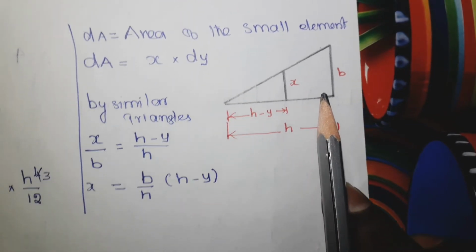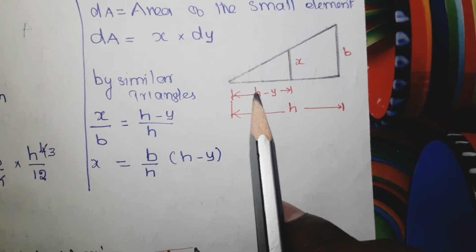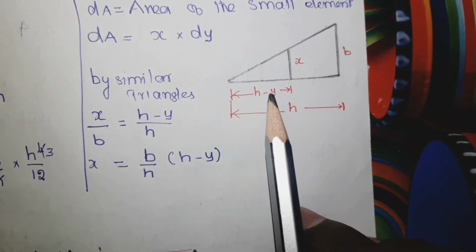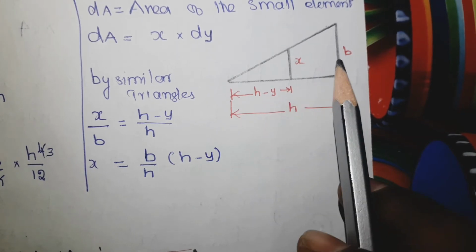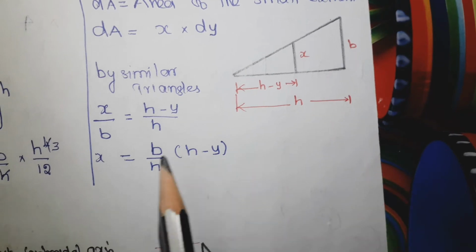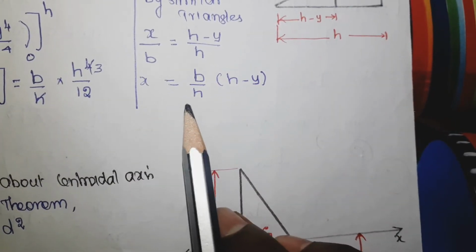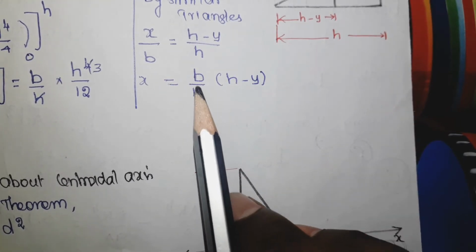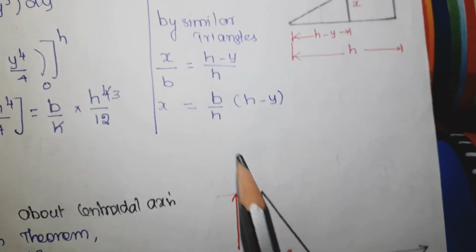Now using the concept of similar triangles, I can easily get the answer for x, that is x by h minus y, which is equal to b by h. If I rearrange that, x equals b divided by h into h minus y. So this is the answer for x.